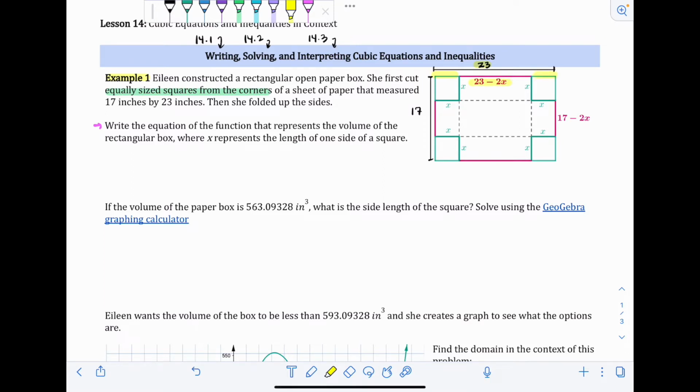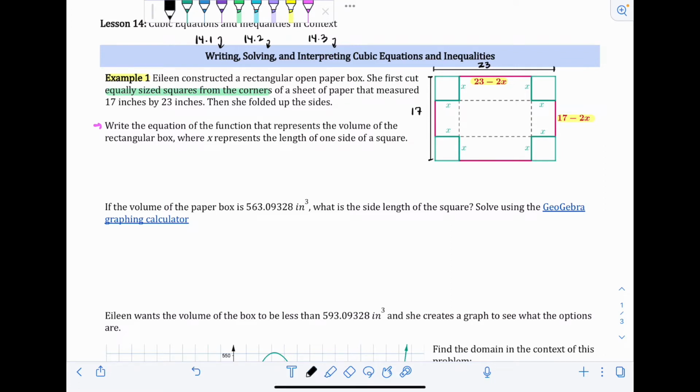And if we have a length of 17, cutting off X from each side, we end up with 17 minus 2X. So for the actual dimensions of our box, we use 23 minus 2X and 17 minus 2X.